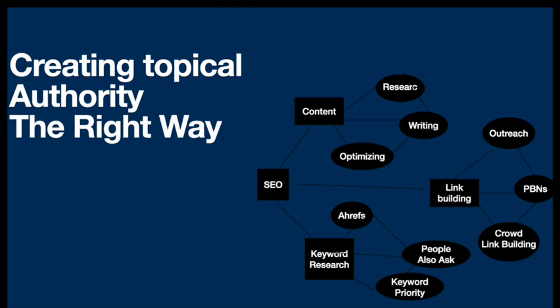And you'll throw these articles into three different categories. So if you're using WordPress, you'll make three different categories on your website: content, link building, and keyword research. Now, within each category, for instance for content, you'll have an article about how to research content. You'll have an article about how to write content. So you can write about how to use Phrase to write optimized content, or how to use an AI content writer to write optimized content.